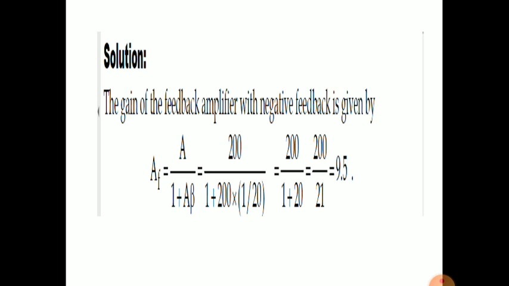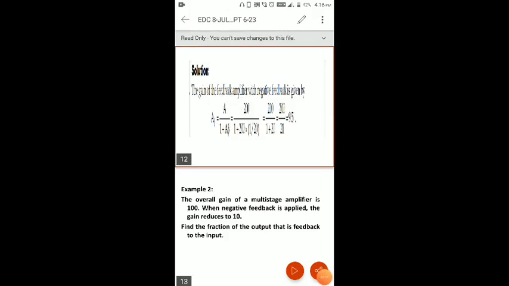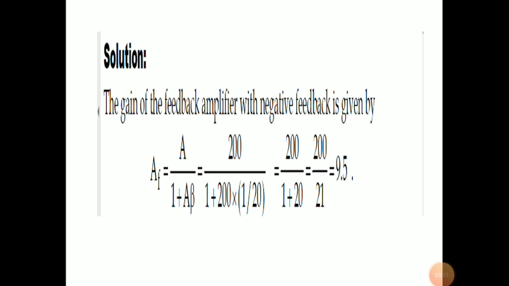Here is a mistake in the solution. Please correct it. 200 by 1 plus 200 into 1 by 20. The 20s cancel, so 200 by 11. We will get it as how much? Some 19.5 or something.